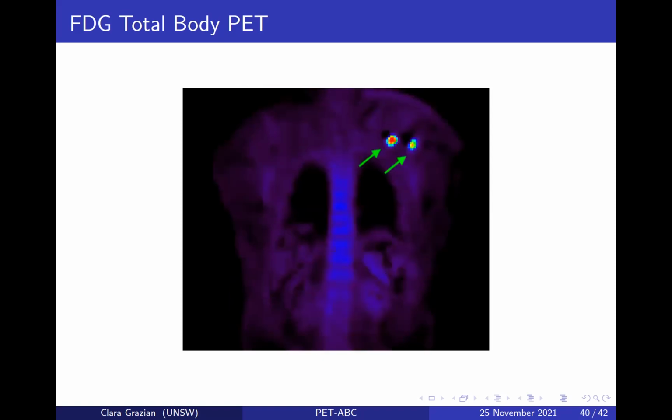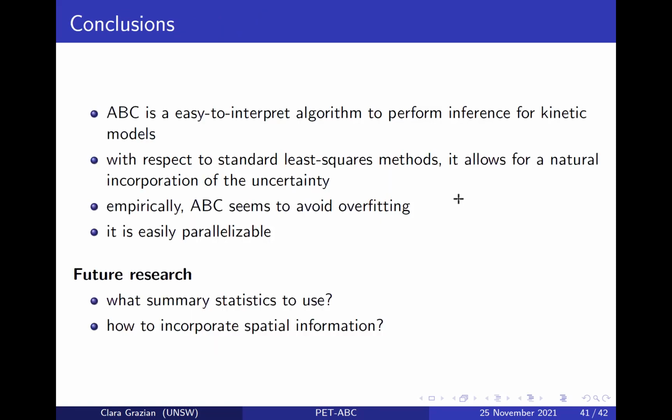So just to give a conclusion, ABC, even this standard version of ABC, is easy to interpret, but also an easy to perform algorithm for kinetic models. And with respect to standard least square methods, it allows for a natural incorporation of the uncertainty.